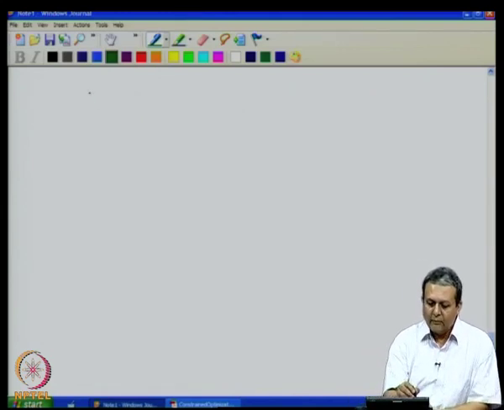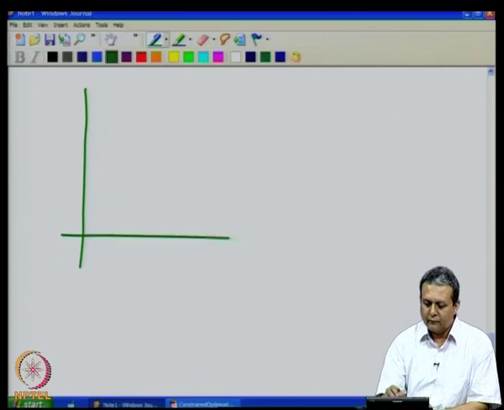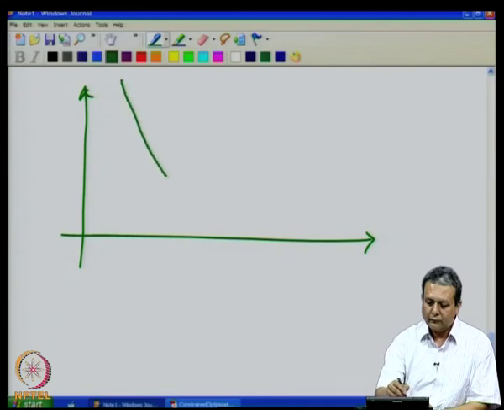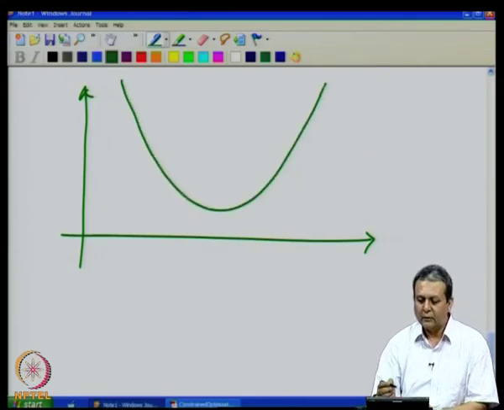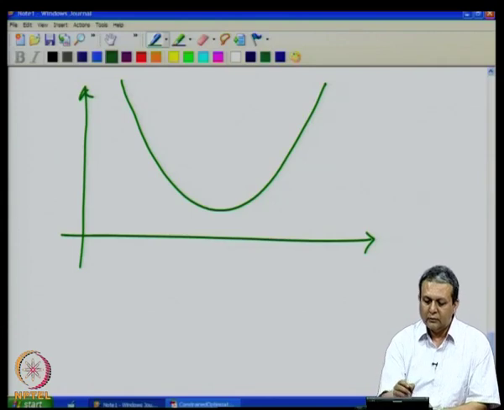So, if you want to minimize a convex function, now you will see that suppose we want to minimize it with respect to the set AB.